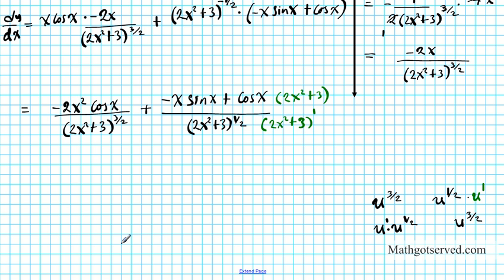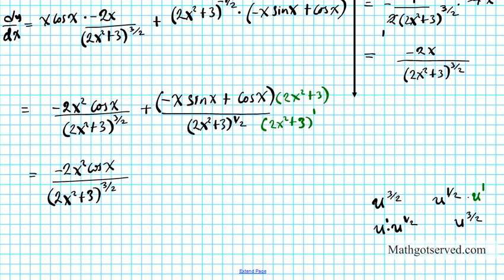Alright? So this becomes negative 2x squared cosine x over (2x squared plus 3) raised to 3 over 2. And then on the top here, we can just start distributing, okay?